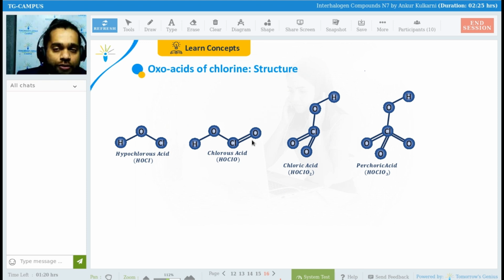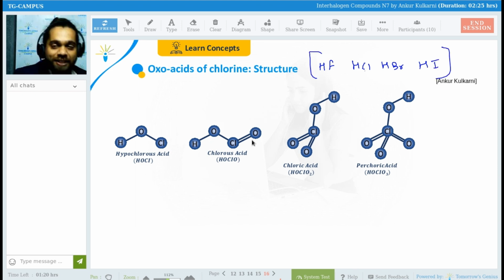So we have discussed this one thing before also. If I have HF, HCl, HBr and HI, Sarjana, which is the strongest acid out of this?